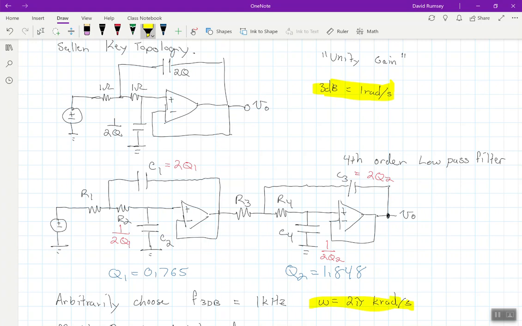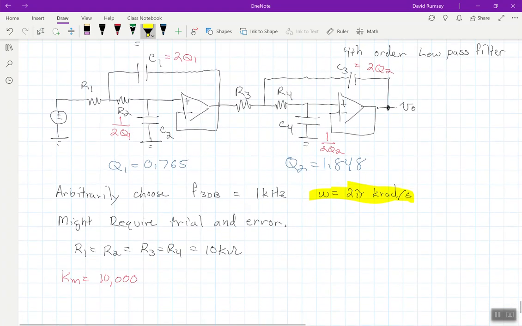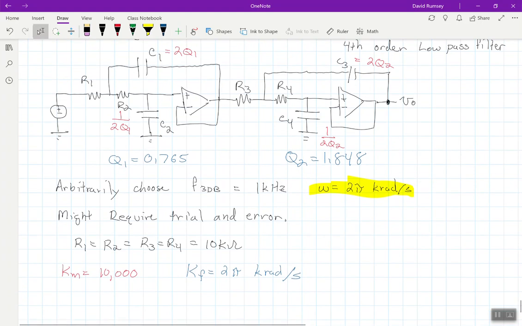I am now at 2 pi k rads per second. So my frequency scaling is 2 pi kilorad per second. And now it just becomes a bunch of formula plug and chugging, because I've set R1, R2, R3, and R4 all equal to 10 kiloohms.